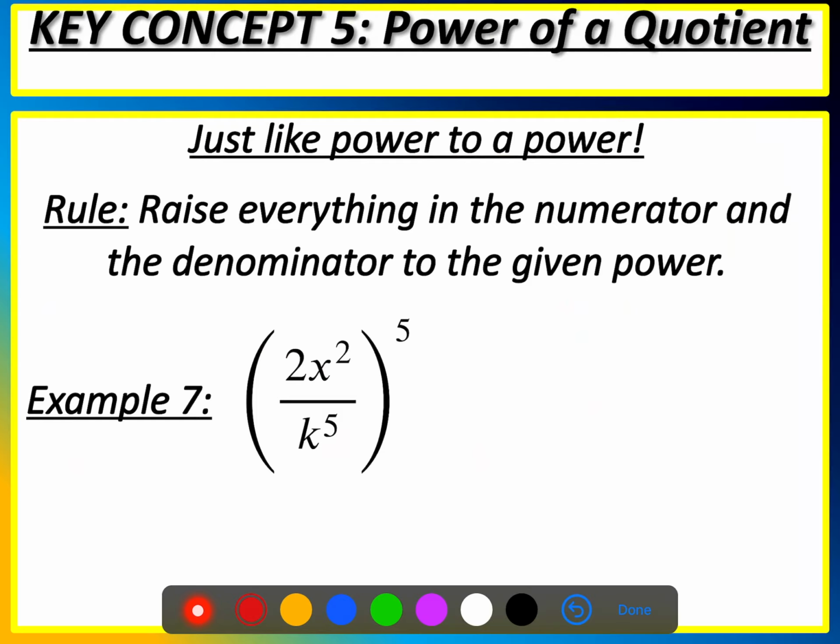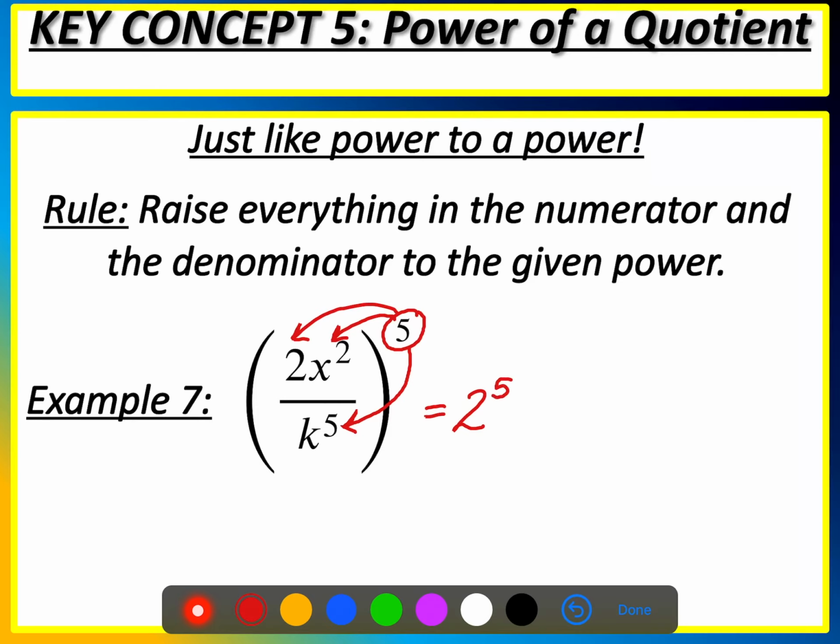Okay, so similar to power to a power, this is now power of a quotient, or power of a fraction. We distributed the exponent outside the parentheses last time. We raised the coefficient to the power and then we multiplied the exponents. We're doing the same thing here when it's a quotient or a fraction. We're also now just distributing to the denominator as well.